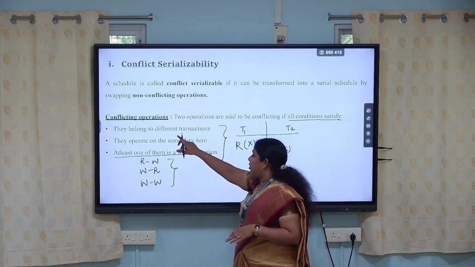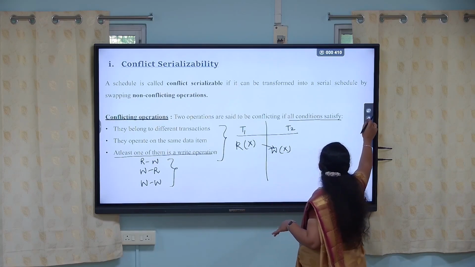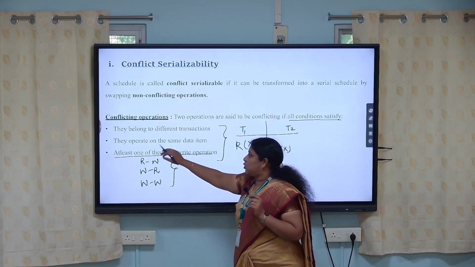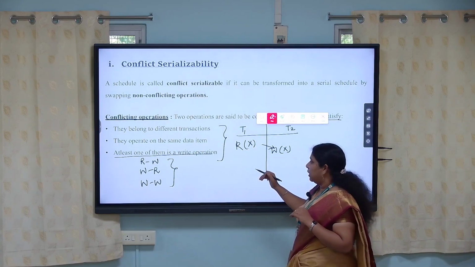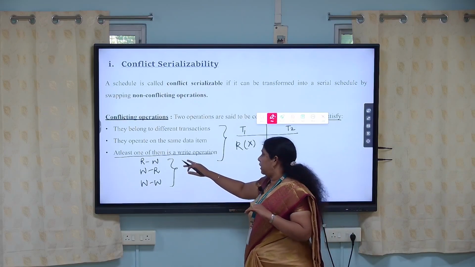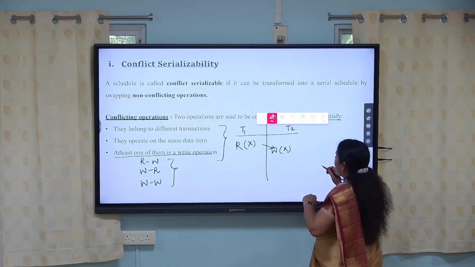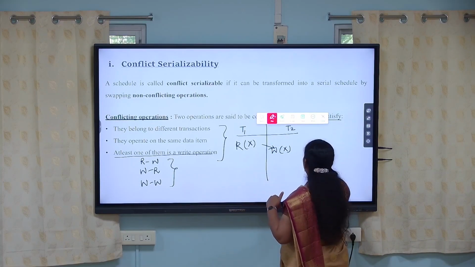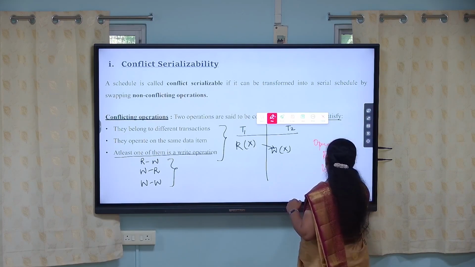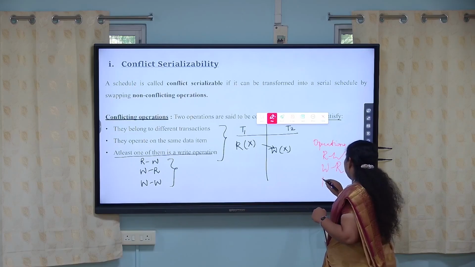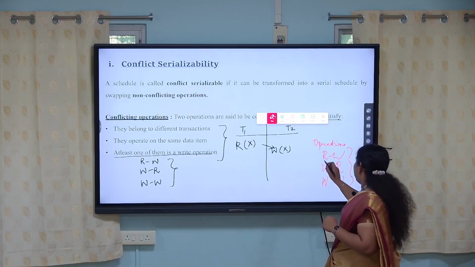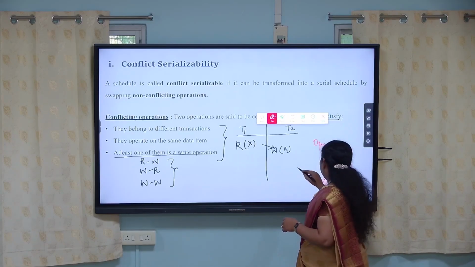They should belong to different transactions, they should operate on the same data item, and at least one of them should be a write operation. So conflict can occur in read-write, write-read, and write-write. In all these operations, at least one must be a write operation.